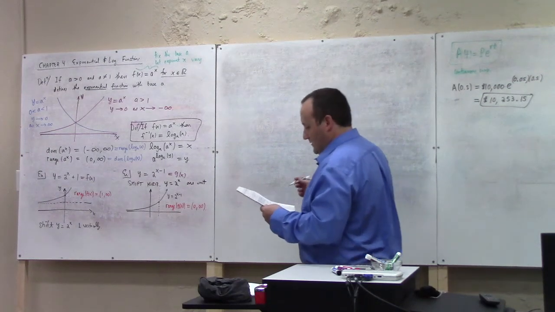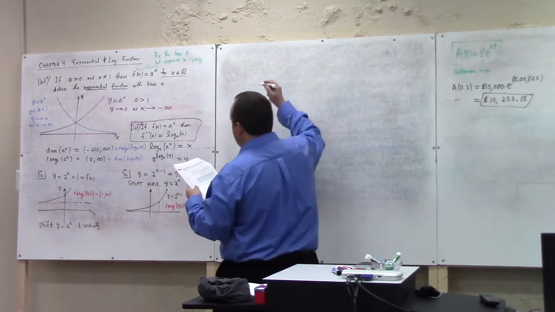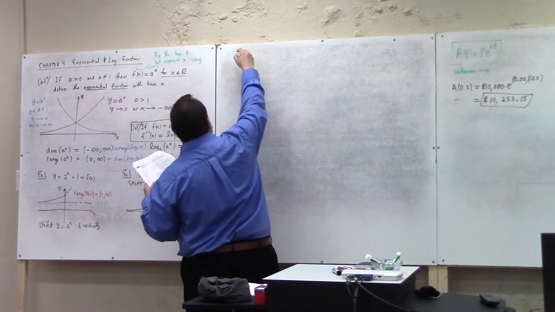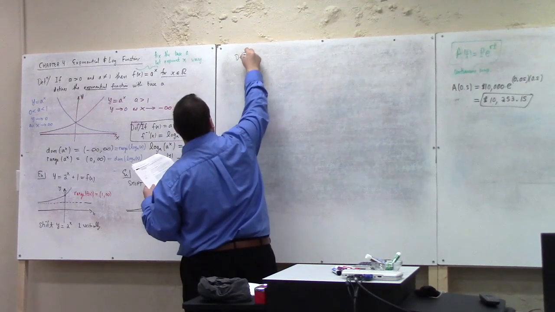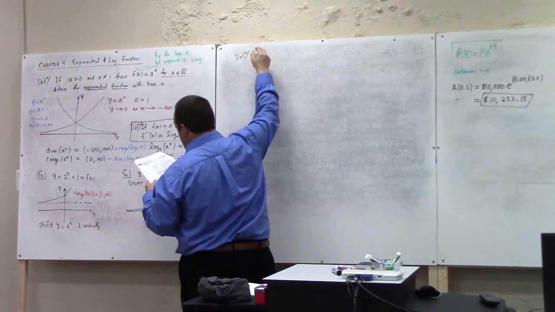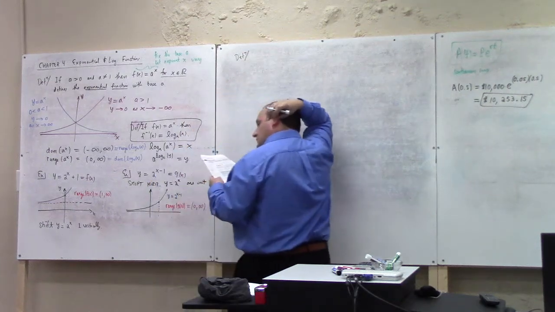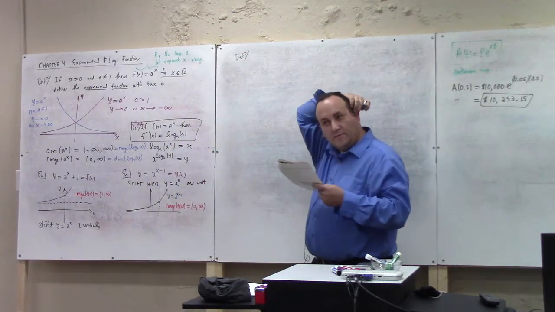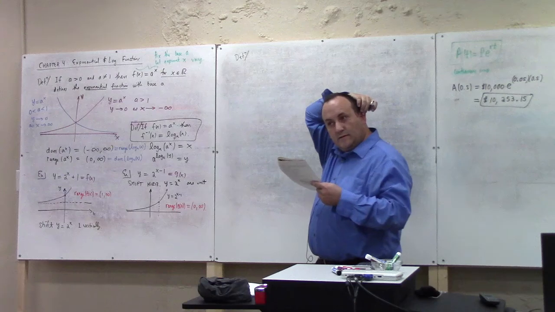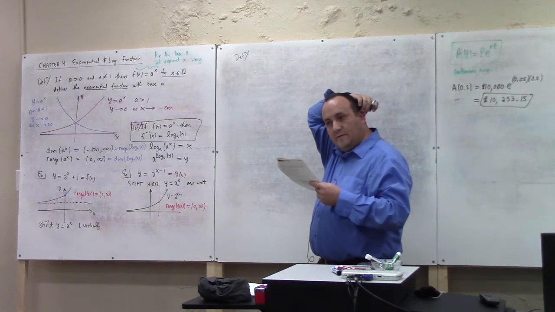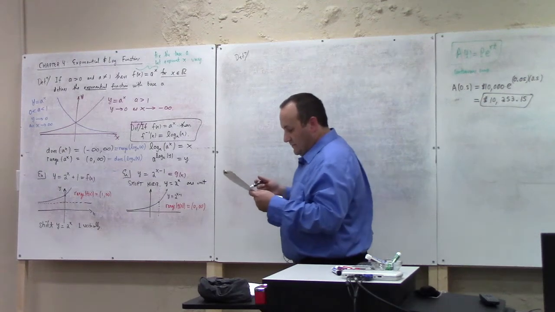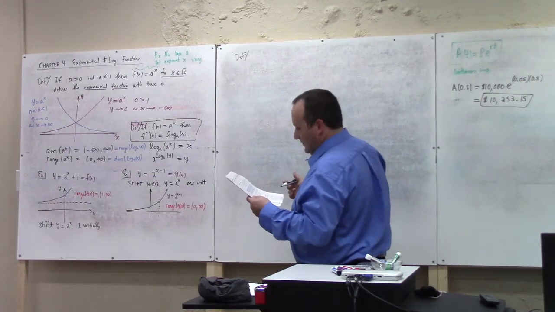We'll look at that another day, mostly because in order to talk about exponential growth and decay, I need a little more about logarithms to do it nicely. If I try to talk about it right now, it'll be kind of awkward, even though I think it's interesting and we should talk about it.